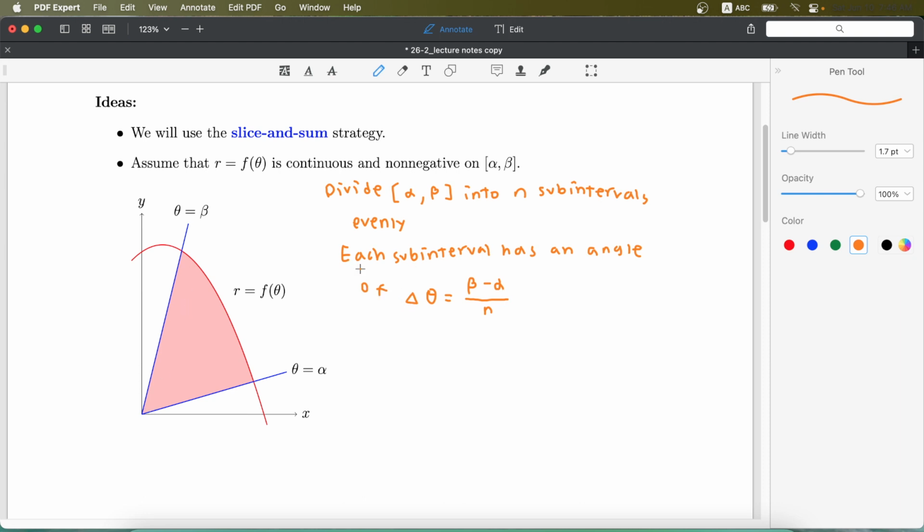In each subinterval, we will just pick a sample point. Let's call it theta k star. Pick a sample point on this subinterval, and then we will evaluate the radius using the sample point. So f of theta k star will be our radius.